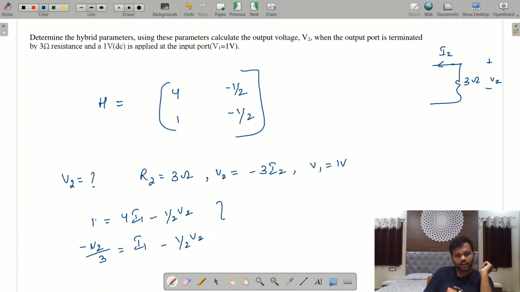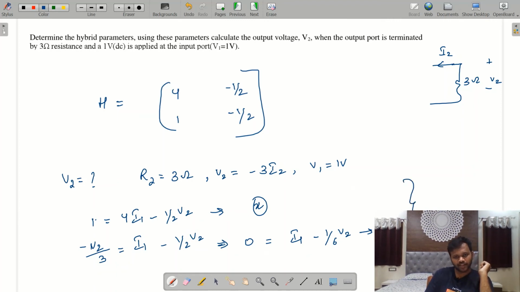So there are 2 unknowns. Consider this equation as equation X, and we will solve the other equation more. So 0 equals I1 plus 1 by 3 minus 1 by 2, minus 1 by 6 V2. So I am having 2 equations and 2 unknowns.